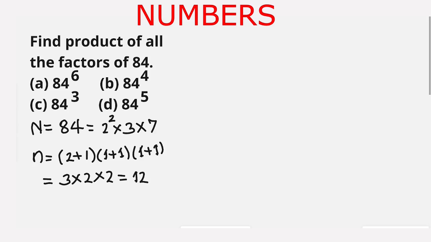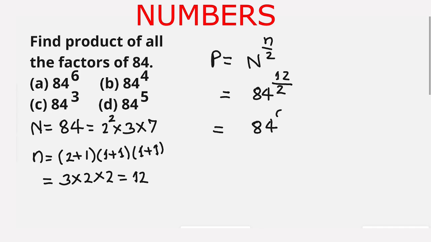And we know that the product of all the factors of any number is given by number to the power number of factors divided by 2, and this is equal to the number is 84 and the power is n by 2 and the value of small n is 12 divided by 2, and this is equal to 84 to the power 6.